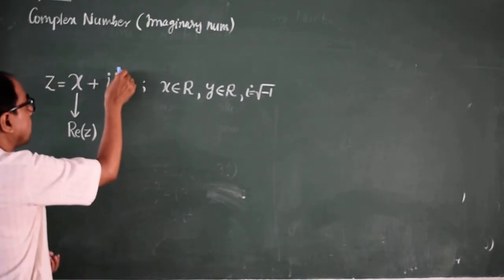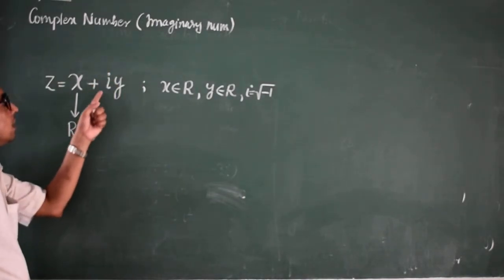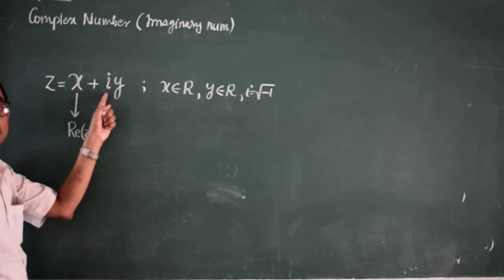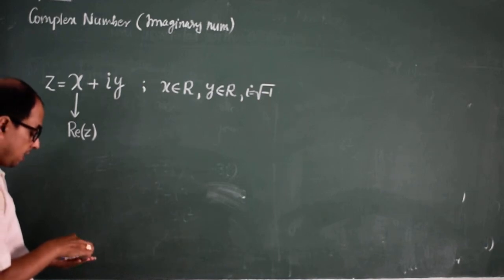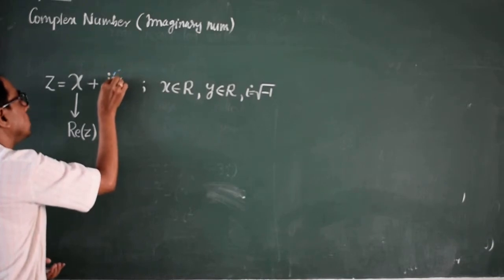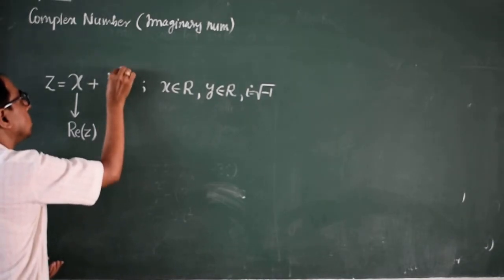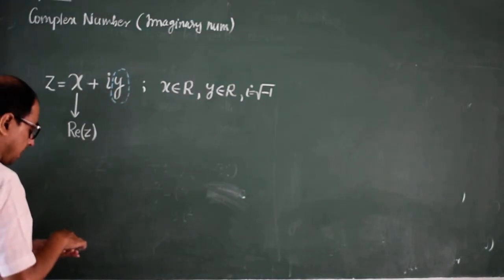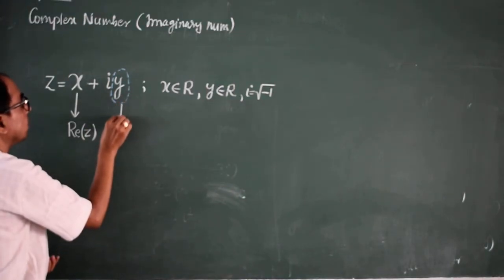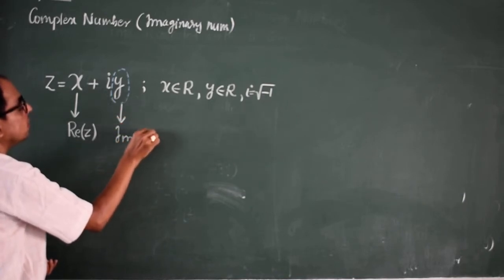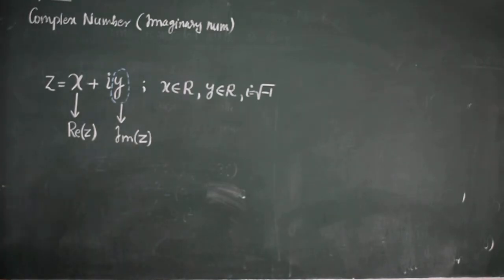Now this part is associated with iota, so this part is known as the imaginary part. The coefficient of iota with sign is called the imaginary part.